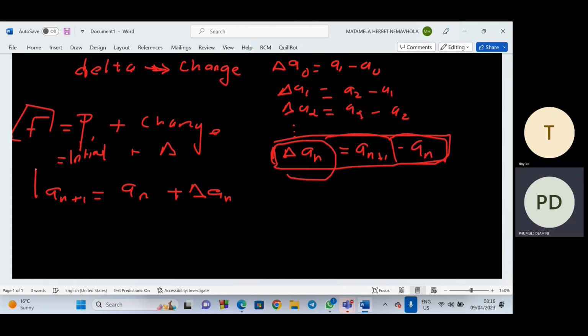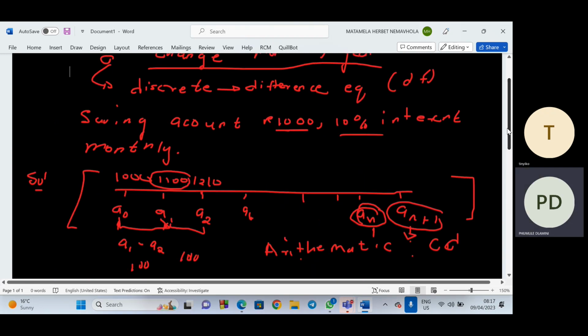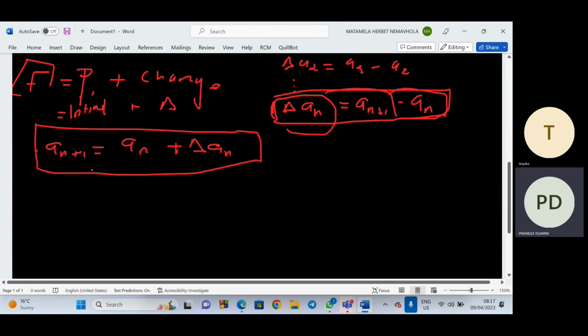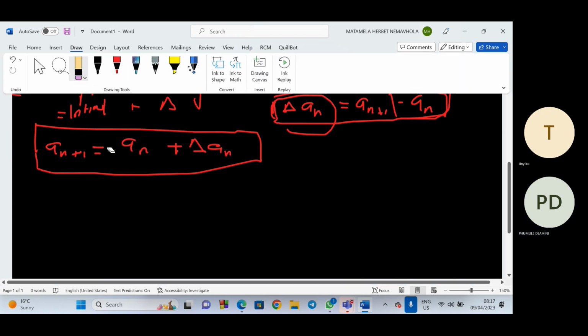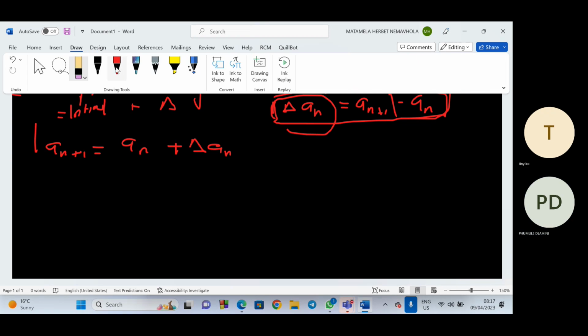Now this is a general formula that you can use when you are dealing with this kind of equation.